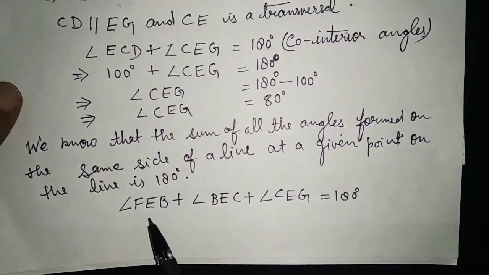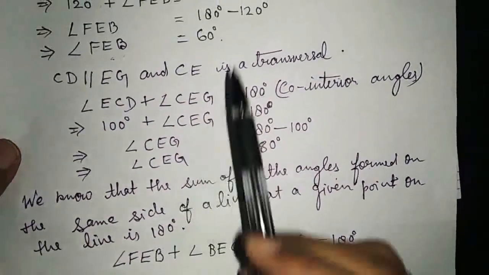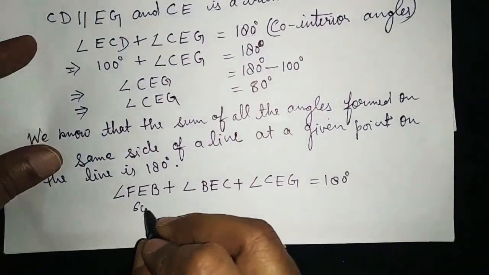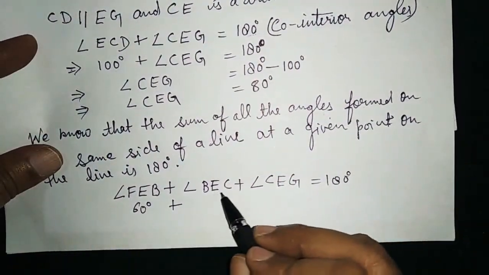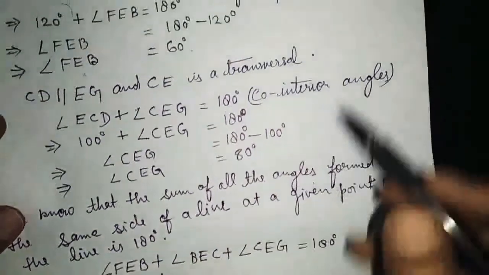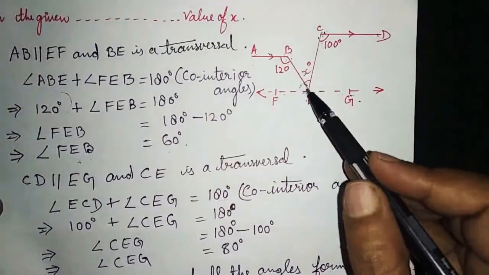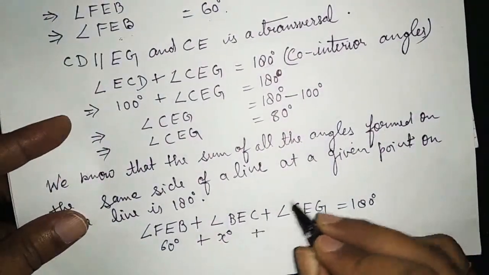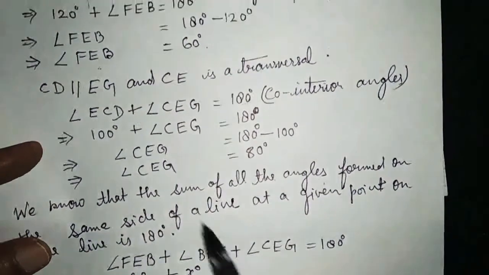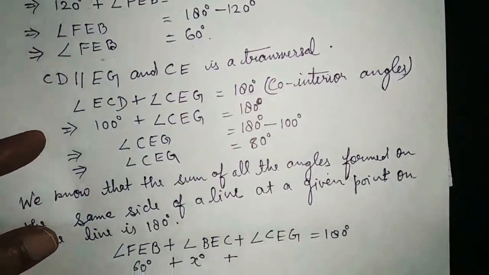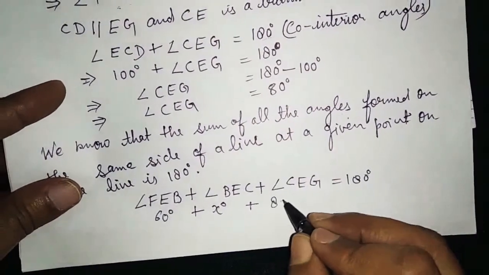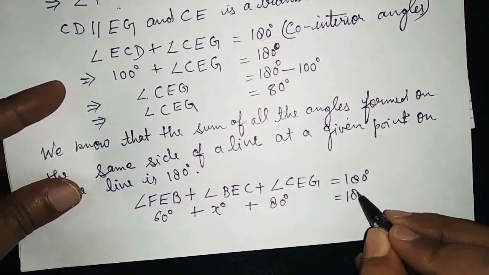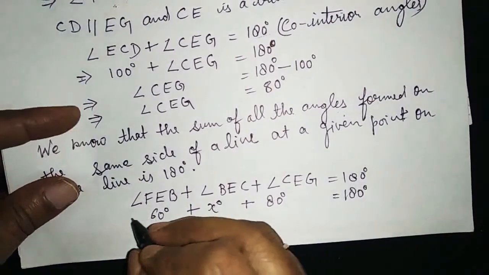Now for FEB, we will put this value, 60 degrees. So here we will write 60 degrees plus BEC. BEC is x degrees, and plus angle CEG. The measure of angle CEG we have calculated as 80 degrees, and we will write here 80 degrees. And their sum is equal to 180 degrees.